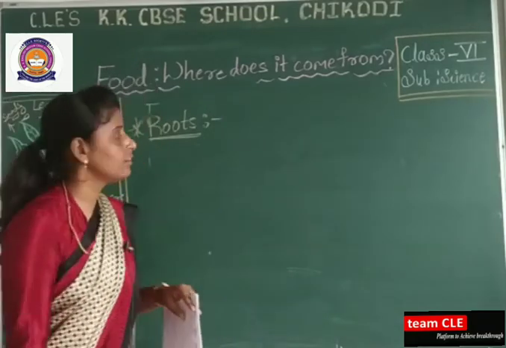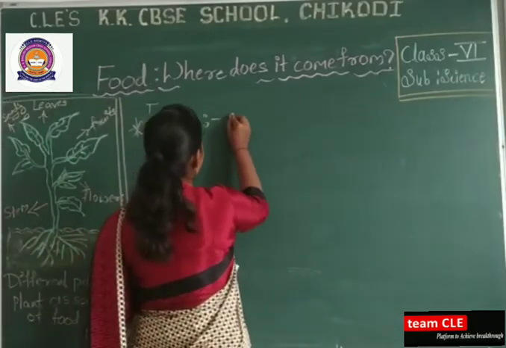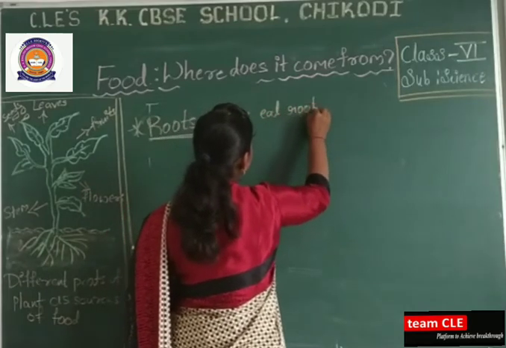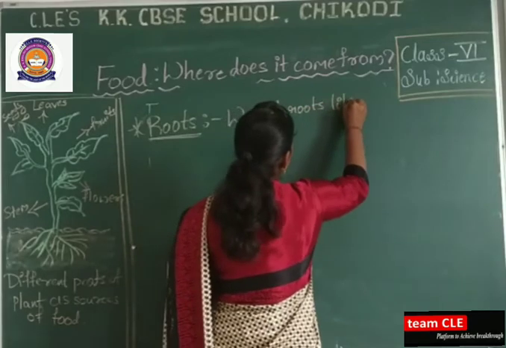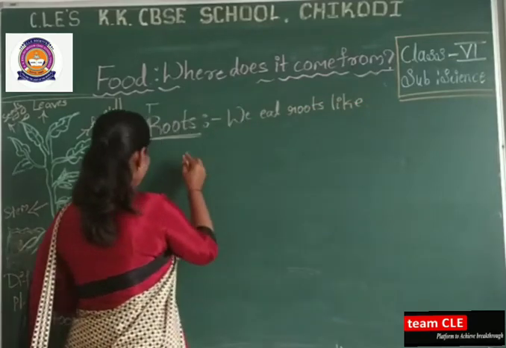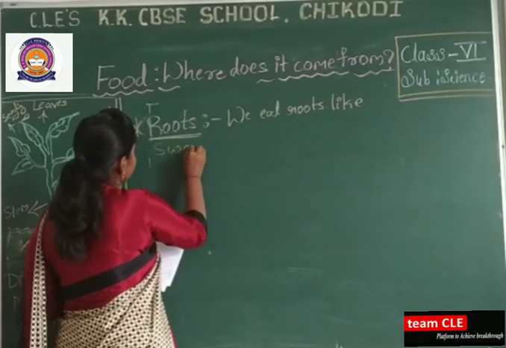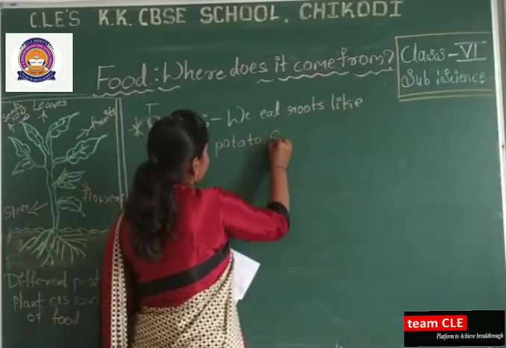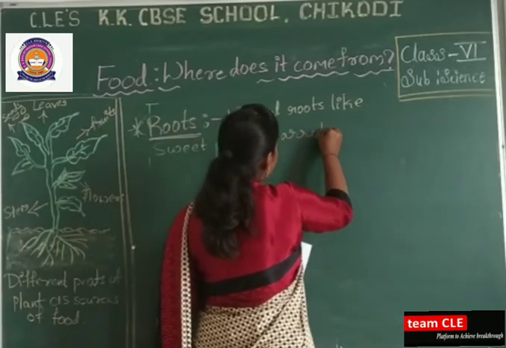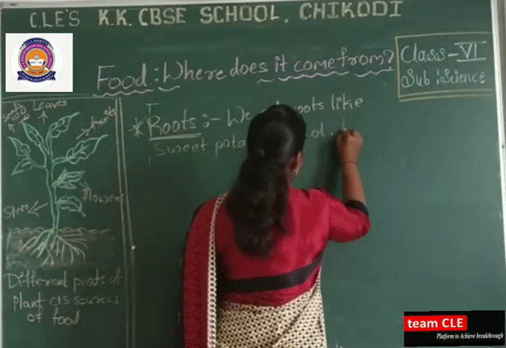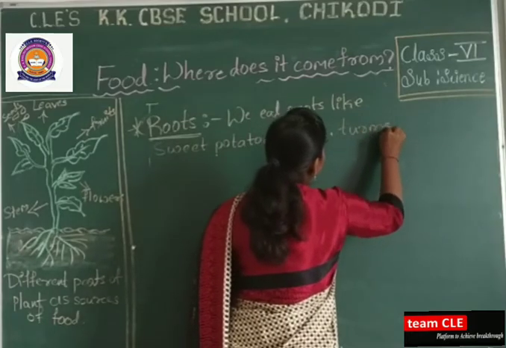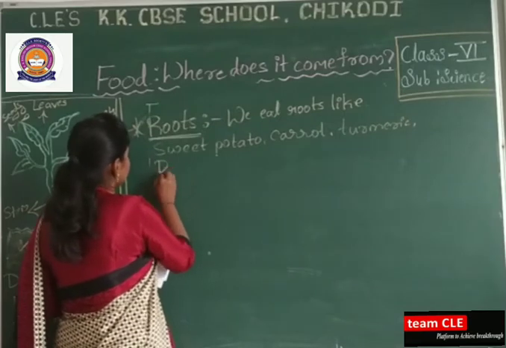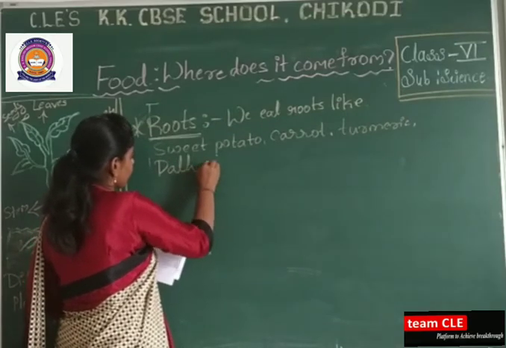We eat roots like sweet potato, carrot and even turmeric and dahlia.